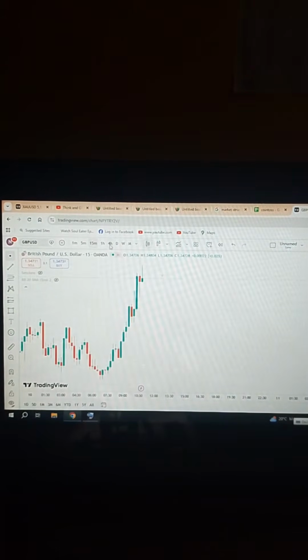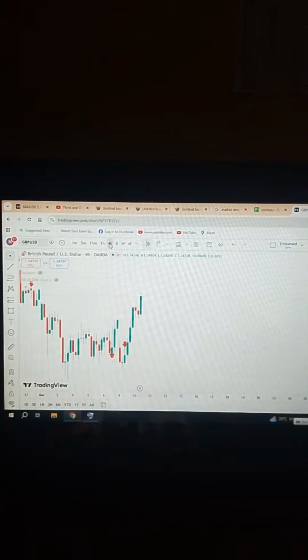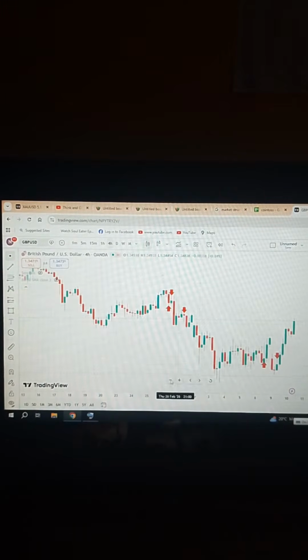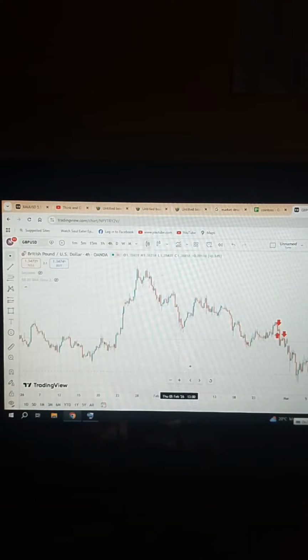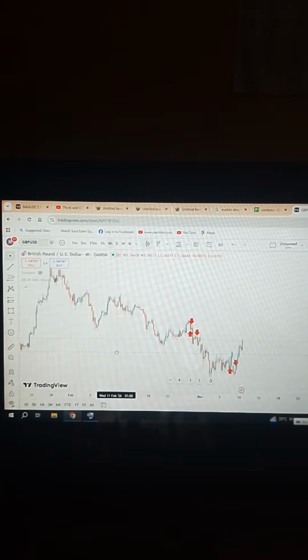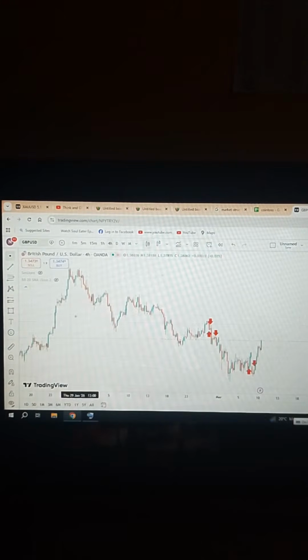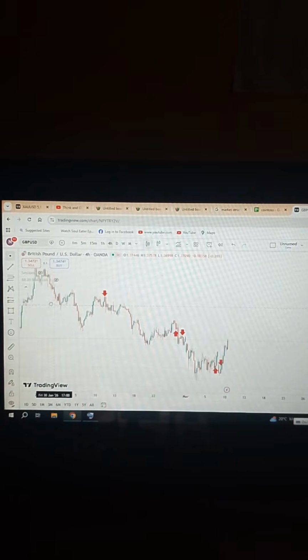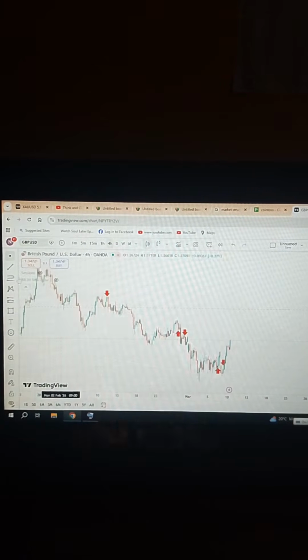Just go to H4 and check what's happening on the H4 time frame. Then you can zoom out like that. So these points are my area of interest. So I can draw a trend line like this.